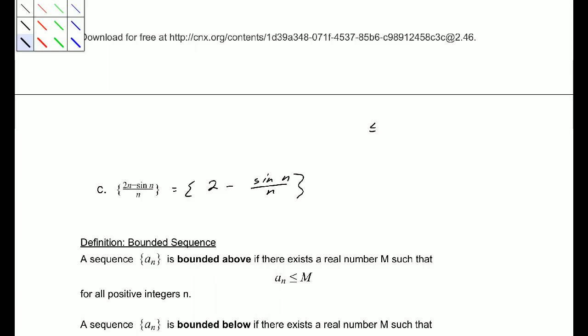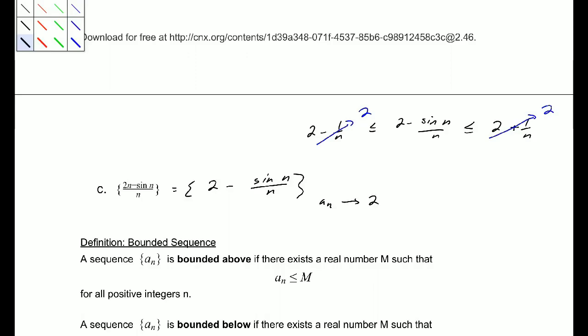So this is bounded between 2 minus 1 over n and 2 plus 1 over n. As both of these are going to 2, that means that our sequence a_n converges to 2.